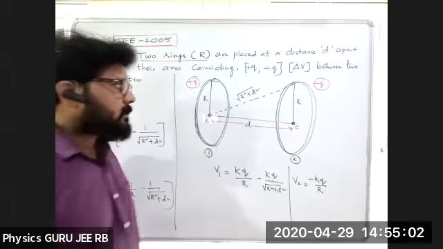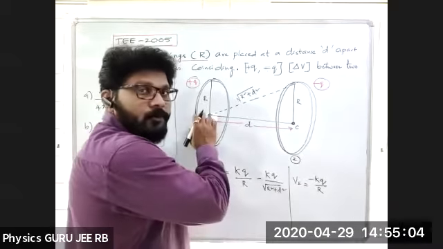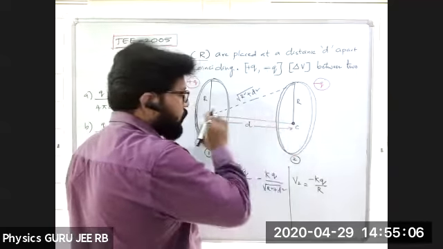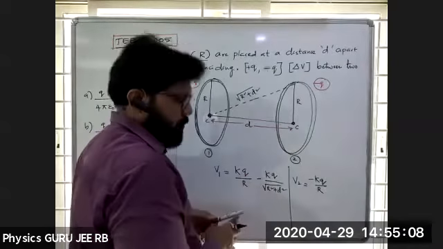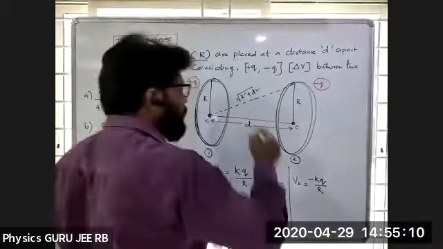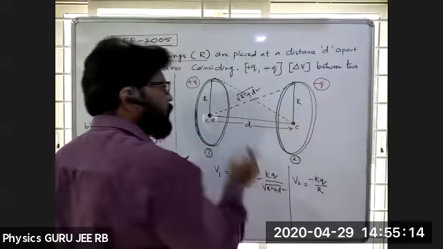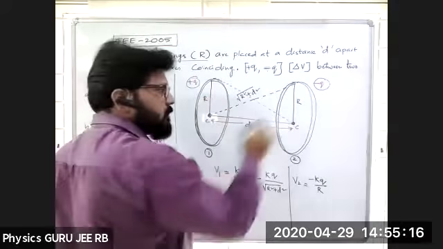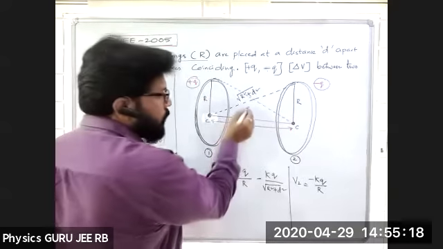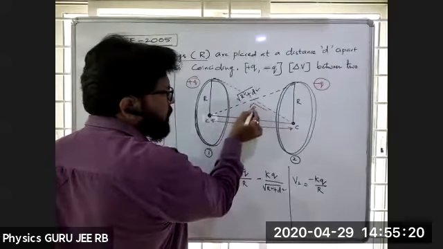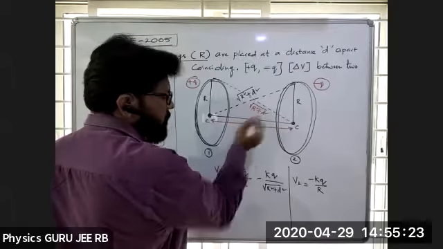Now, next, due to the first ring, one potential will be there. You can draw one line here. This distance will be the square root of R square plus D square.